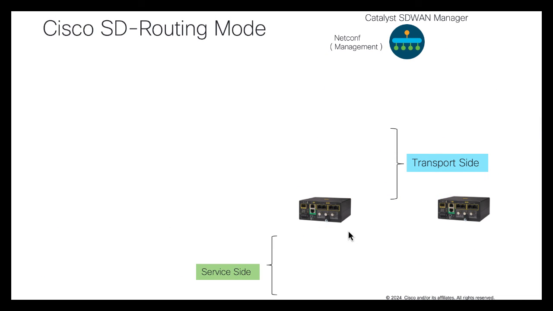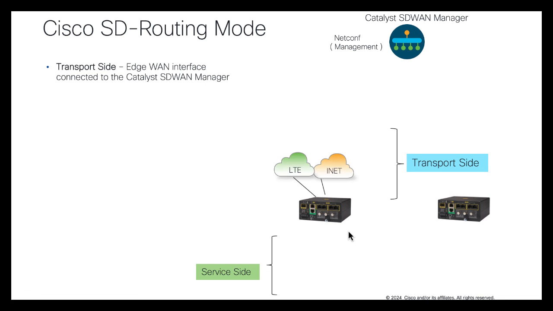In the Cisco SD routing mode, we still have the concept of a SD-WAN manager. We have the transport side, which connects again directly to the SD-WAN manager through a secure DTLS connection. We have a service side interface, which connects again to the OT devices or the IoT network.